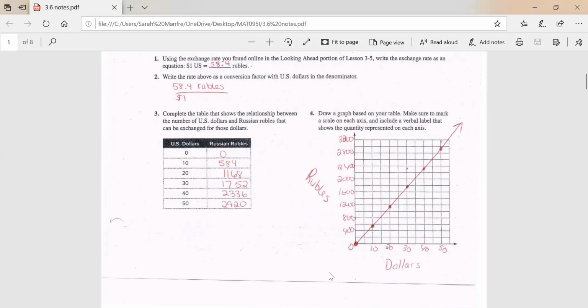Okay, and then I also noticed that on the rubles, if you look, we have to go pretty much to 3,000. So you have to figure out what you are going to count by to get to 3,000. One way you can do this is you can say how many lines are there. There's 1, 2, 3, 4, 5, 6, 7, 8, 9, 10, 11, 12, 13, 14, 15, 16.